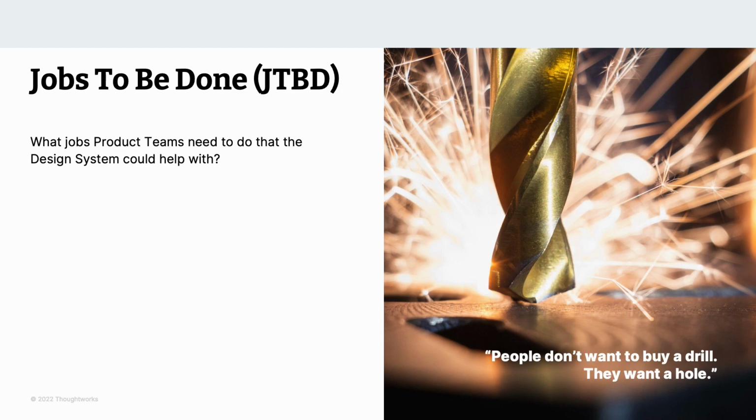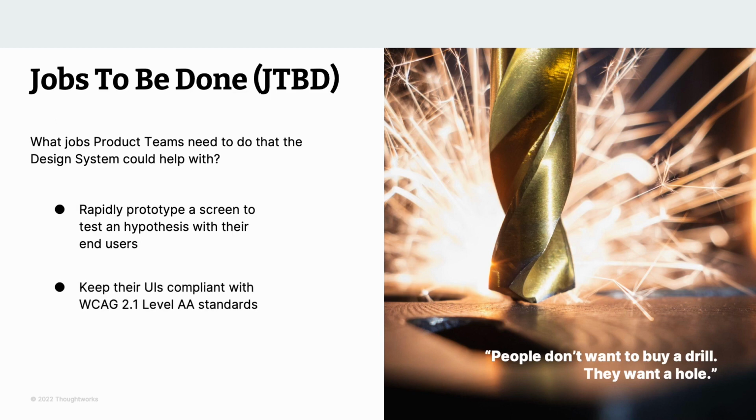Some examples of these jobs might be rapidly prototyping a screen to test a hypothesis with their end user, or maybe being compliant with a very specific web content accessibility guideline standard, or maybe just being compliant with the latest branding, at all times, of your organization.